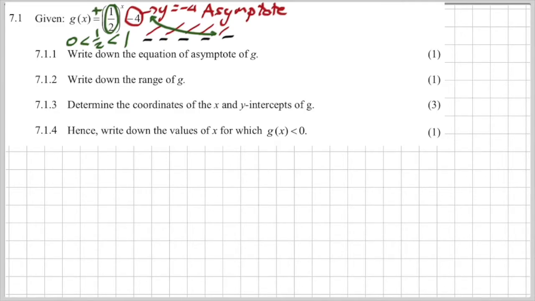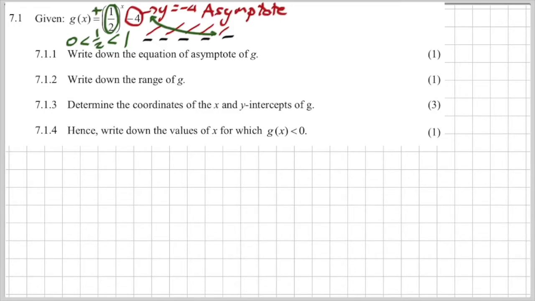Of course, it's going to be a bigger discussion in matric. But for now, it's between 0 and 1 for functions. My graph is going to go towards my asymptote. Towards or away, that's your choice.